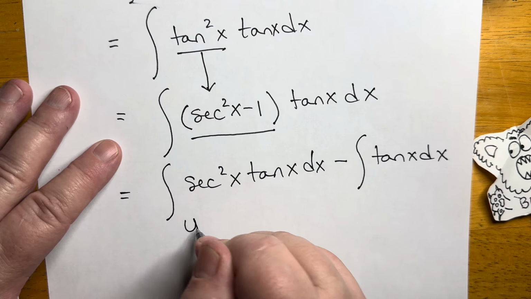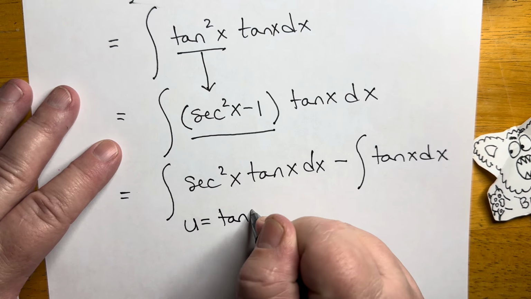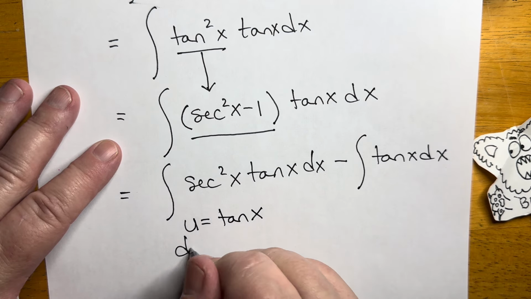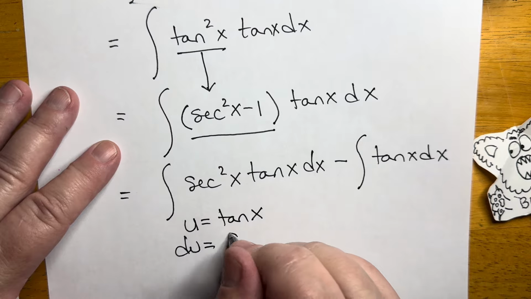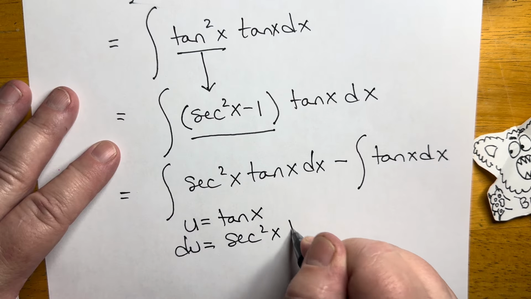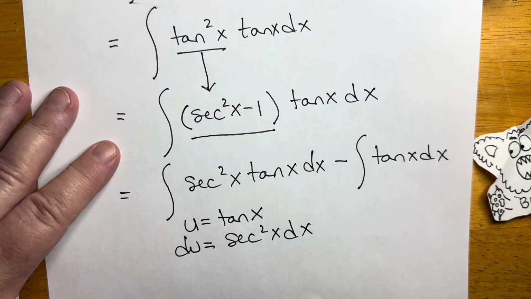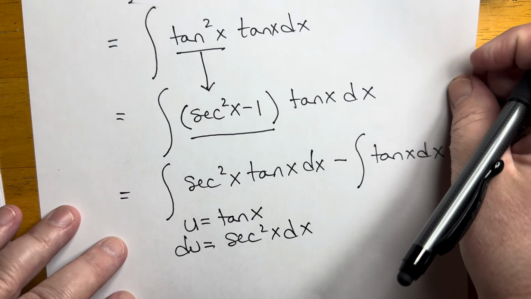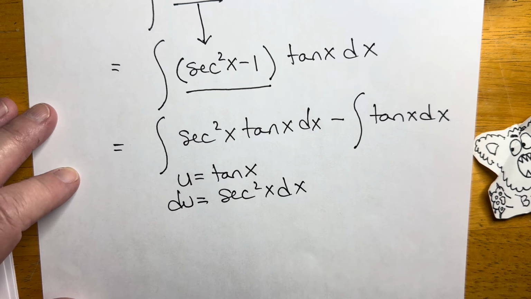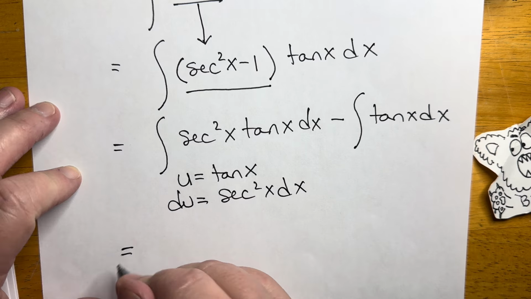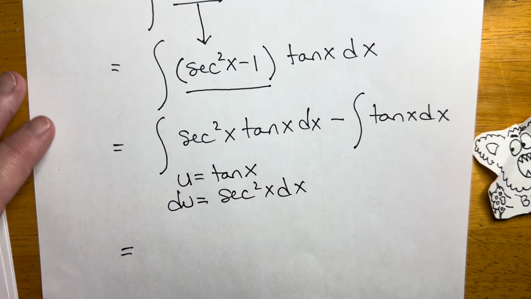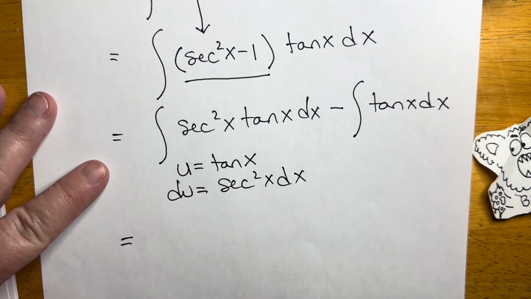So if I set up a u to be tangent x, then my du is actually secant squared x dx. So it's kind of backwards of what we were expecting from sine and cosine. So just make sure you've got the information sheet there. It helps to keep track of what's going on.